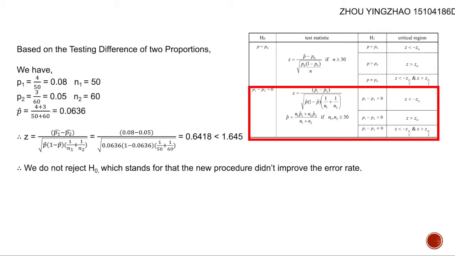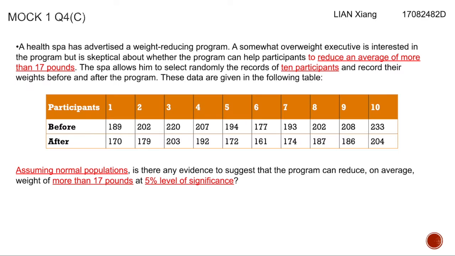Based on the formula here, we have z is 0.6418, so it's less than 1.645. So we do not reject H0, which means that the new procedure didn't improve the error rate. So that's all. Thank you, everyone.